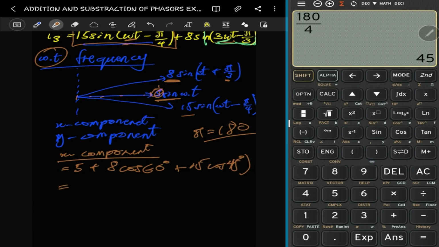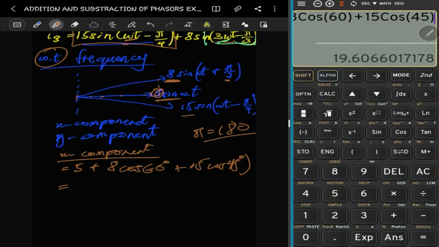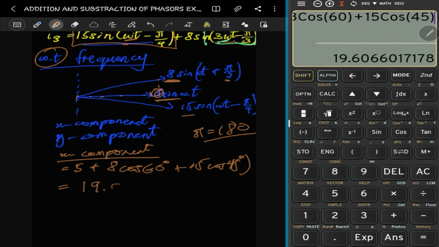Alright, so this will give us 5 plus 8 cos 60 plus 15 cos 45, and this is giving us 19.36066.